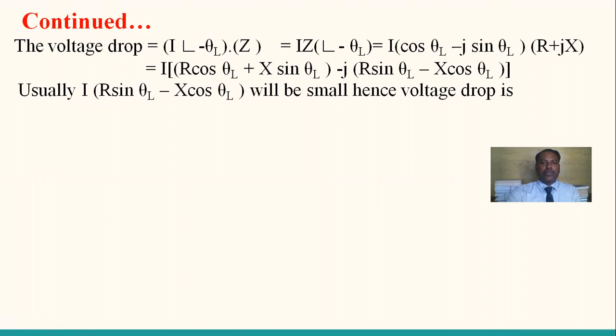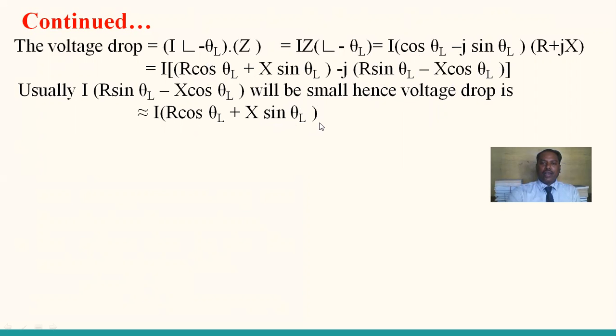Hence the approximate voltage drop is I into R cos theta L plus X sin theta L. Why? Because this magnitude is very small compared to that of this. So that is the reason this one is neglected. So the approximate voltage drop is I into R cos theta L plus X sin theta L.